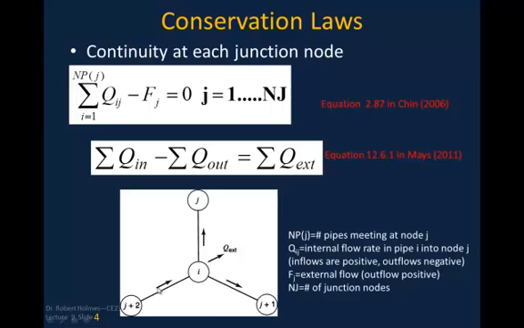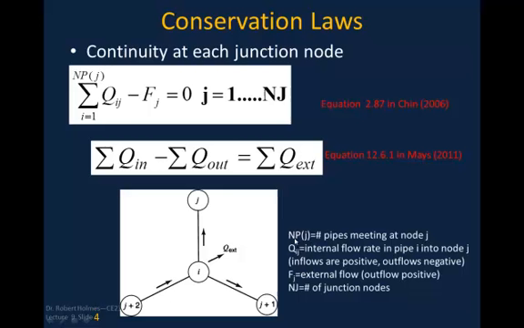In this diagram we're showing this coming in and these two going out in terms of the internal flows. So you'd have one pipe having a Q in and two pipes having a Q out, and then the external flow is Q external, and that's this side over here on the right, the sum of the external flows. And so again, Chin uses F to note the external flows and Mays uses Q external.